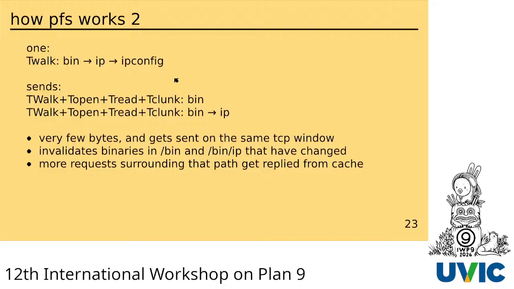This means that I am going to get the stats of all the files in that directory. My cache is going to update all of the stats of these files, and if any of them have a different QID or have been modified, it is going to invalidate those files. So the more you use your file system, the more updated it is going to be relative to your server.